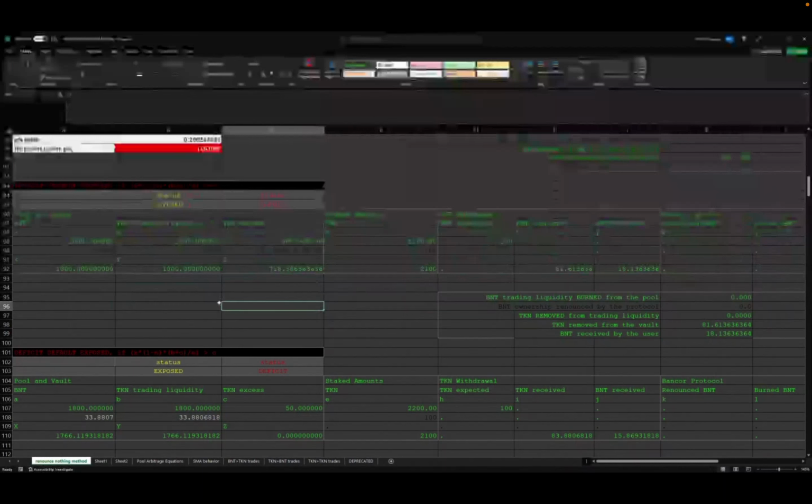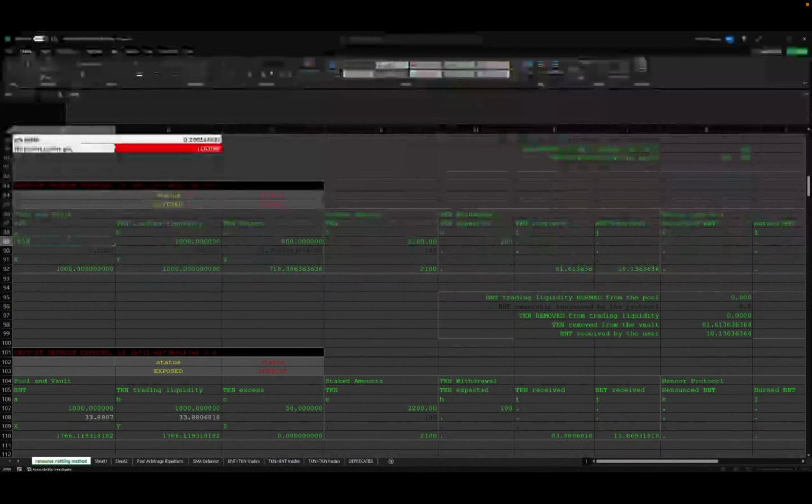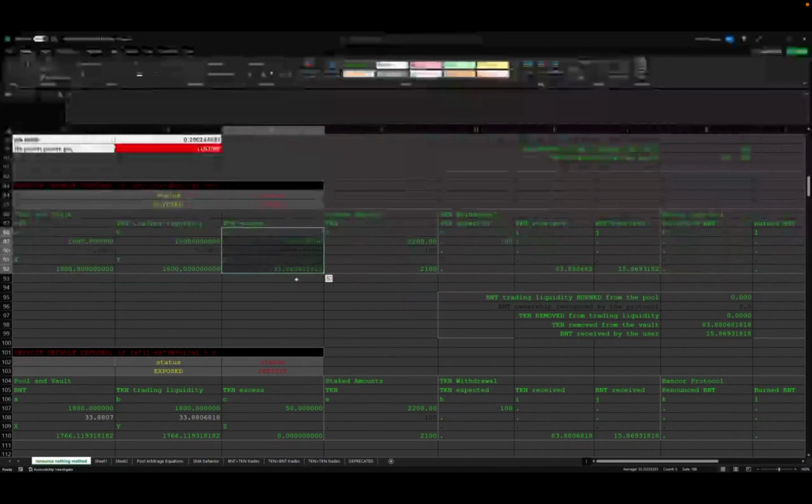So what would happen then if we did the same thing as before? Let's increase the trading liquidity a little bit and move the TKN excess. Okay, so now the user is still trying to withdraw 100, but there's only 50 in the off-curve liquidity. So if we, again, use this logic, then the protocol will try to remove more TKN from the off-curve liquidity than exists, which means we end up with a negative number.